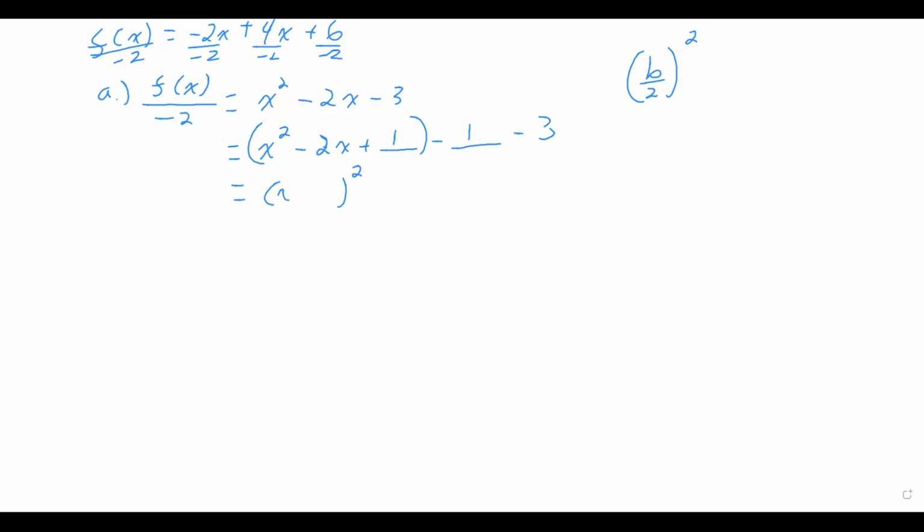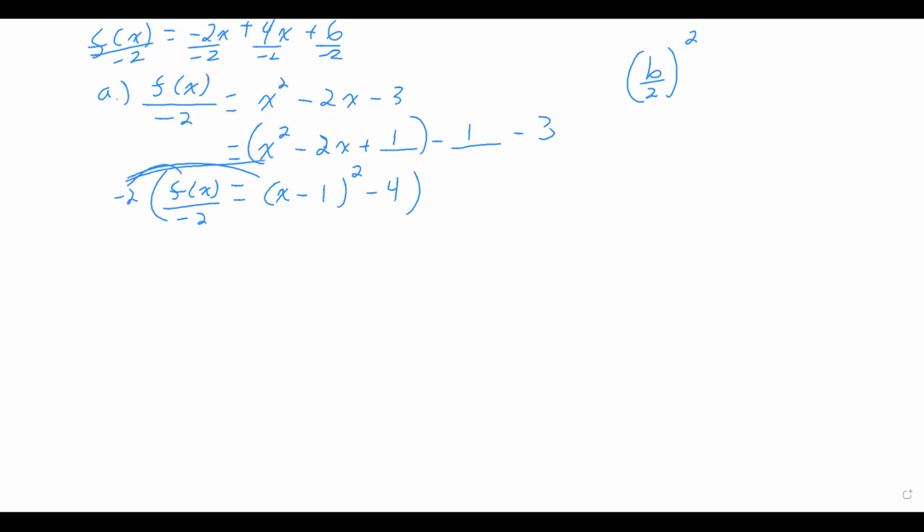You write whatever that letter is. And then how do I get the missing number there? Just b divided by 2. So negative 2 divided by 2 is negative 1. And then I can do the math here. What's negative 1 minus 3? Again, all of this was equal to f of x over negative 2. So then I'm going to take this whole thing and multiply it by negative 2.